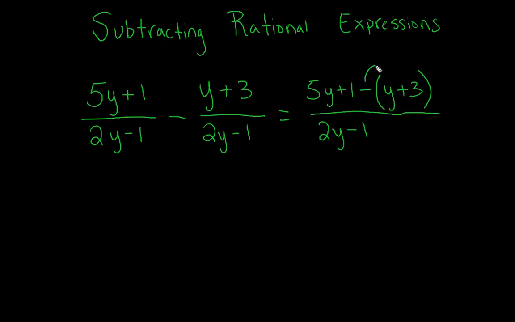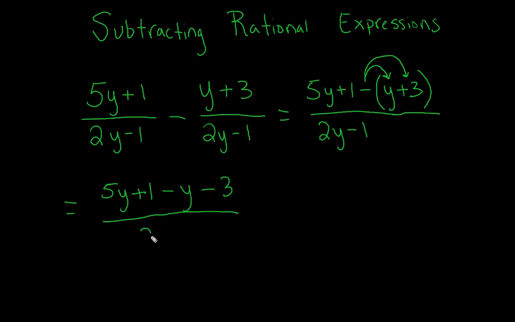So we want to make sure we distribute this subtraction sign to both terms. If I were to rewrite it down here, it becomes 5y plus 1 minus y minus 3. Make sure we are subtracting both terms in that second expression.